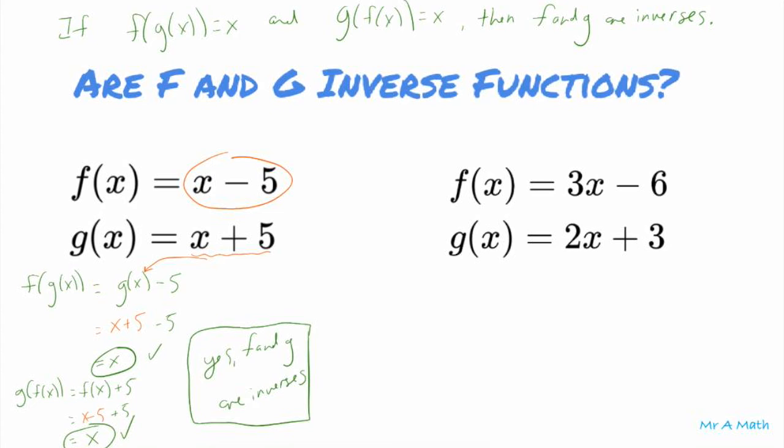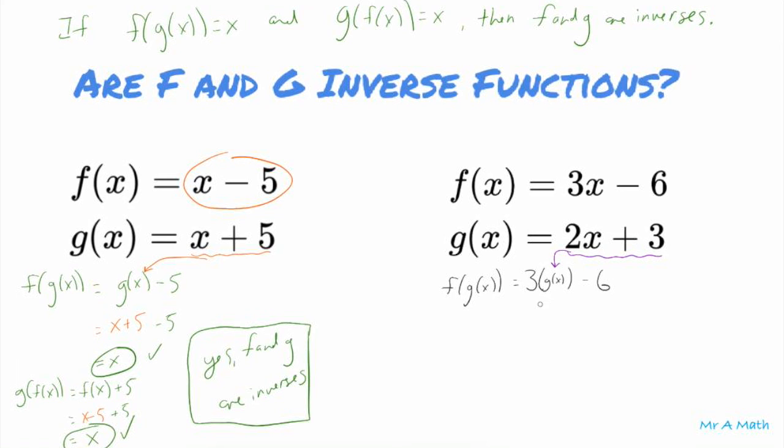Let's look at another example real quick. If I have f of g of x over here, what happens when I plug in g of x into f? It's normally 3 times x minus 6. But now it's g of x, so I'm just going to write it as g of x. Well, what is g of x? Let's take purple here, and let's say g of x is 2x plus 3.